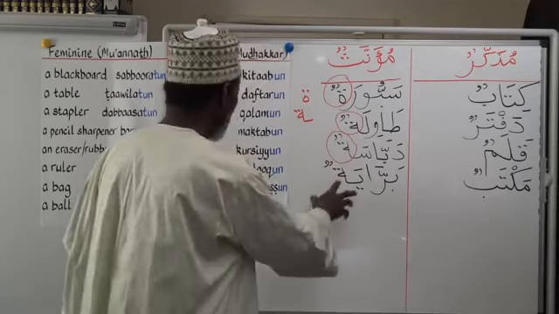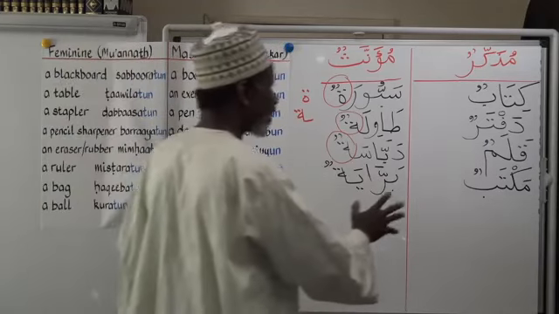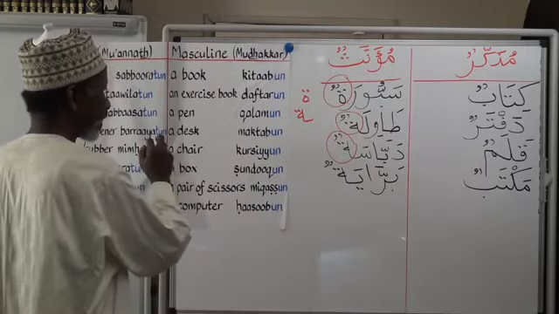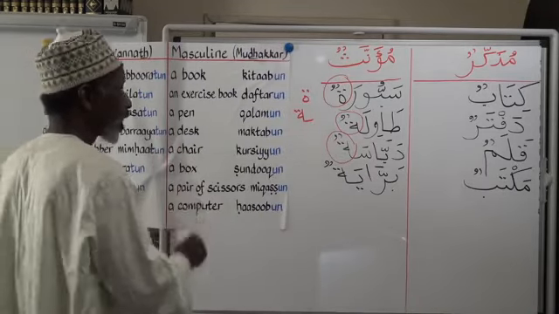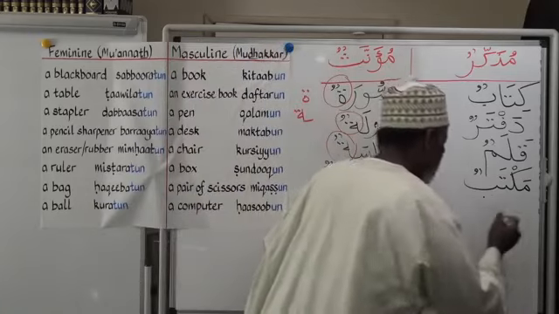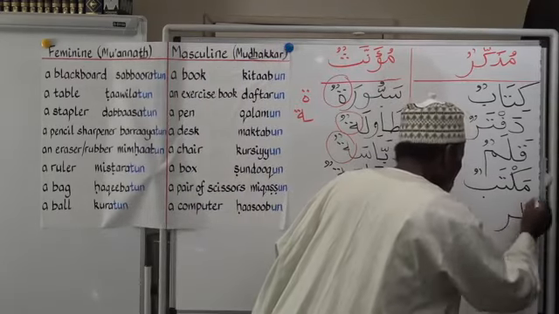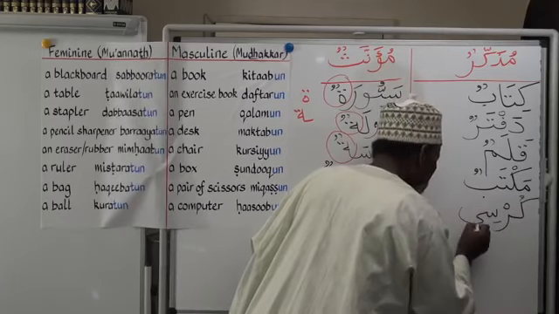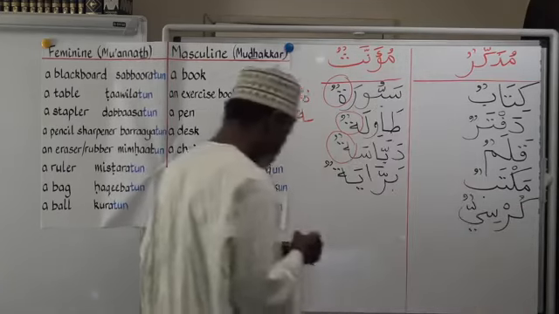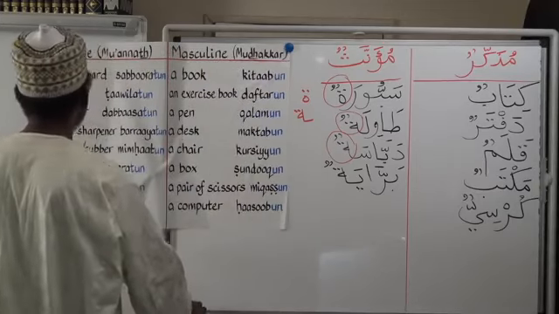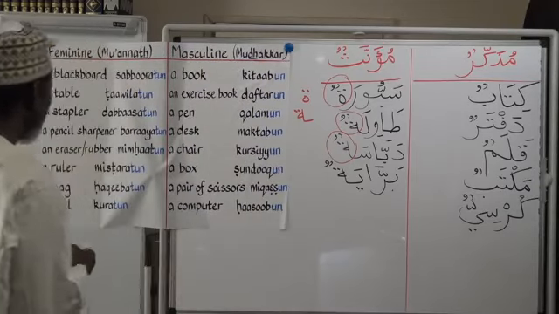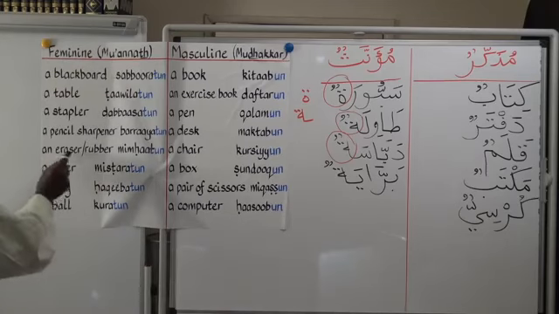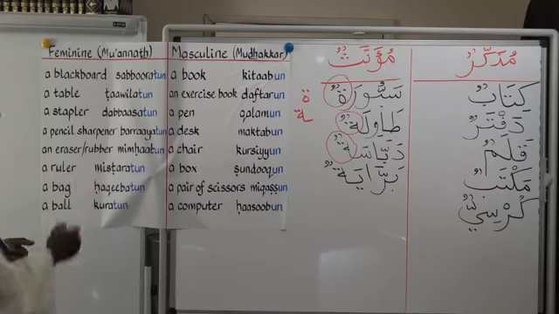So maktabun, barrayatun. Next, under the mudhakkar section is a chair. Kursiyun. Let's write kursiyun here. And under the muannath section, the next is mimhatun.